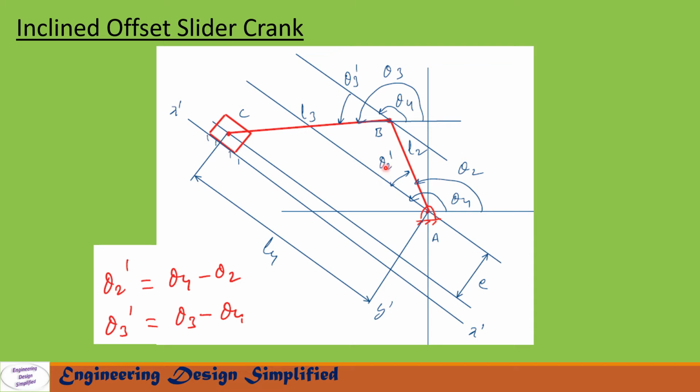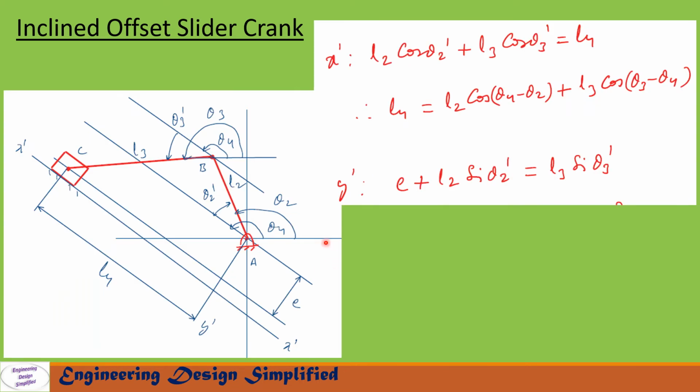So theta 2 prime is theta 4 minus theta 2. Similarly, let us draw again a parallel line to this x prime axis here. So from here we get this angle, let us call this angle theta 3 prime. So from this diagram, theta 3 prime can be written as theta 3 minus theta 4.